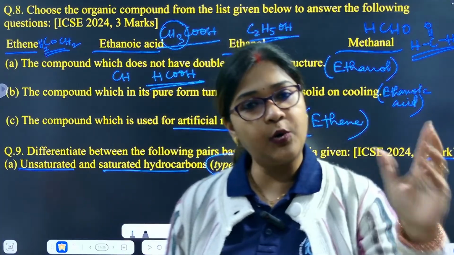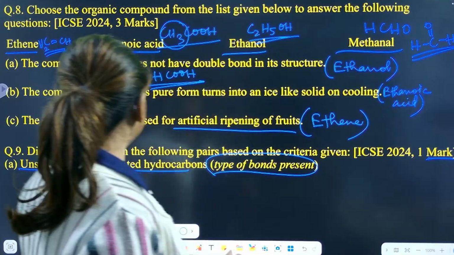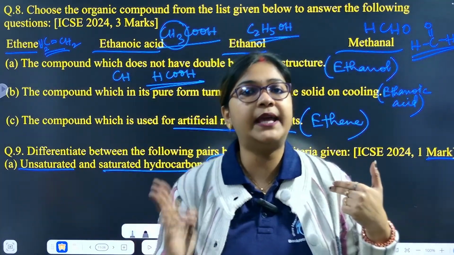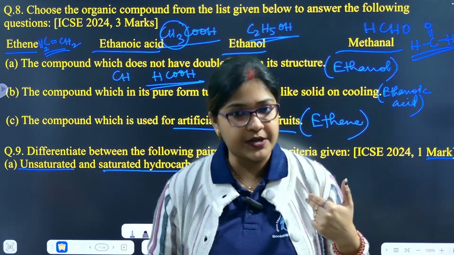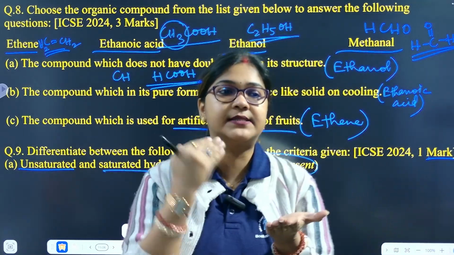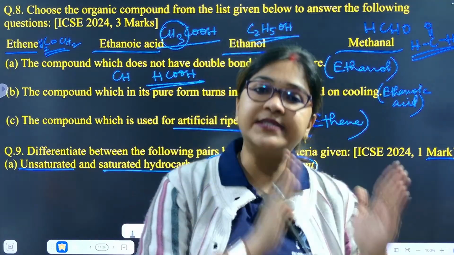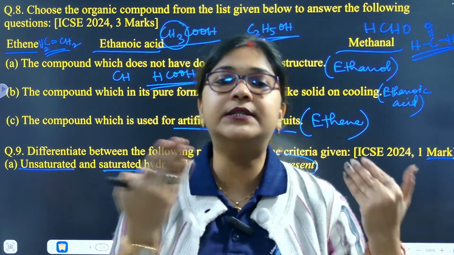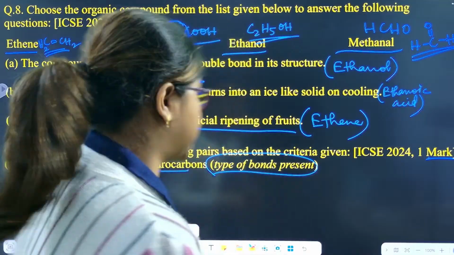To the point लिखो, 1 mark लाओ. ठीक है, अनसैचुरेटेड में कार्बन कार्बन में हमेशा डबल या ट्रिपल बॉन्ड रहता है, और सैचुरेटेड हाइड्रोकार्बन्स में always there is a carbon carbon single covalent bond. But in unsaturated there is more than one covalent bond, either double or triple. So this is just the differentiation.